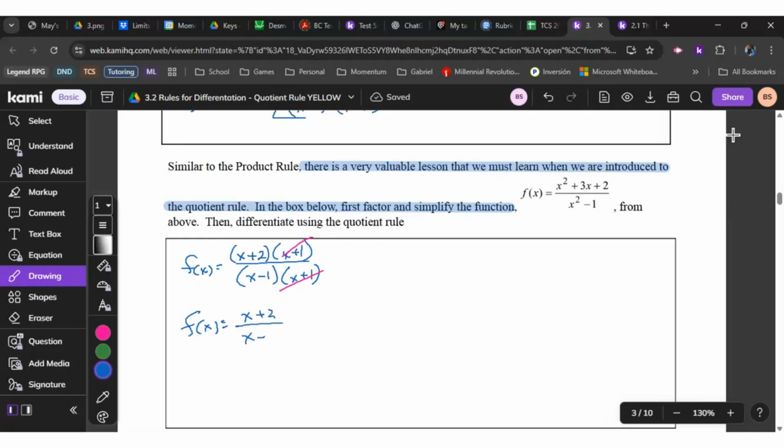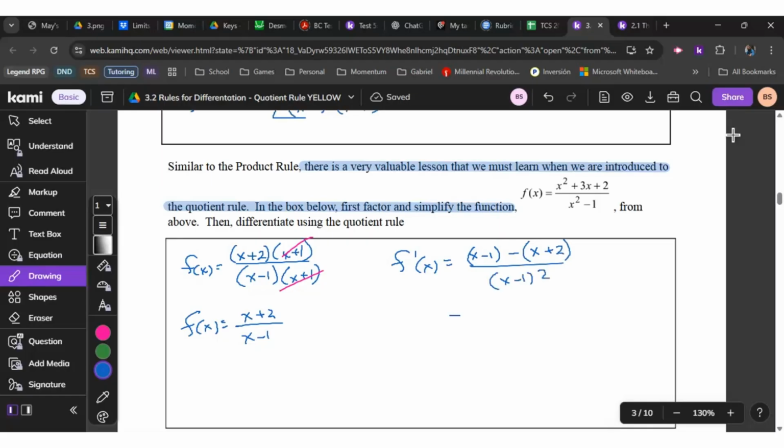that it's still like I still have to do quotient rule, but now it'll be way easier, right? So I can do f prime of x is going to be low d high, which is 1, minus high d low, which is 1, all over x minus 1 squared.